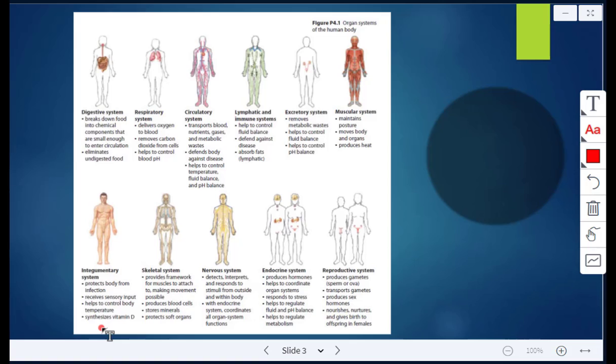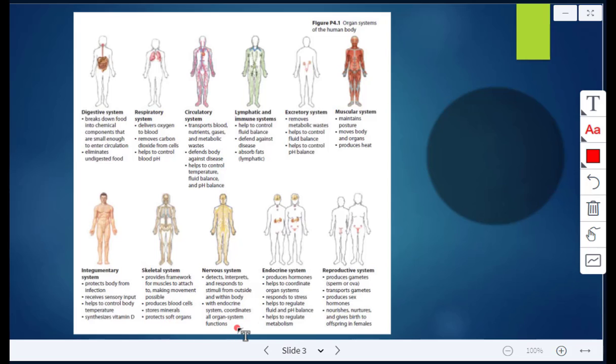The integumentary system is like the skin, so it protects the body, receives sensory info, controls body temperature, and so on. It also synthesizes vitamin D. The skeletal system provides a framework, with the muscles attached to the bones. It also produces blood cells, stores minerals, and protects the soft organs.